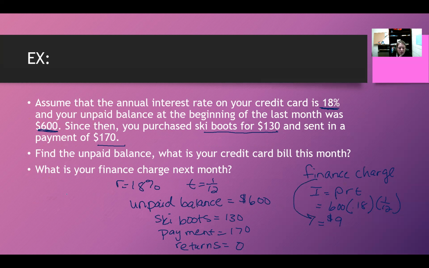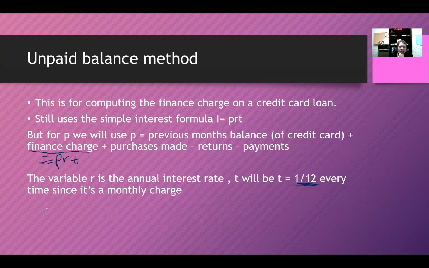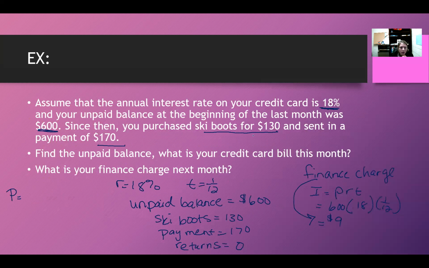All right. So now what we have to do is figure out our P, okay? To do that, we can go back and look again. P is the previous month's balance of the credit card plus the finance charge, plus any purchases made, and then you have to subtract your returns and your payments, okay?